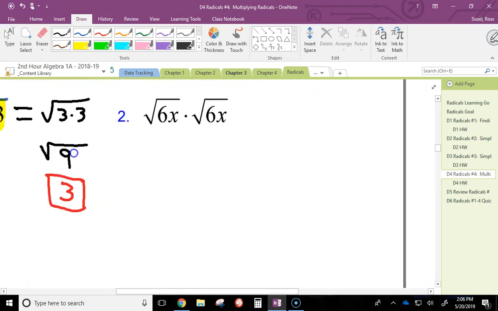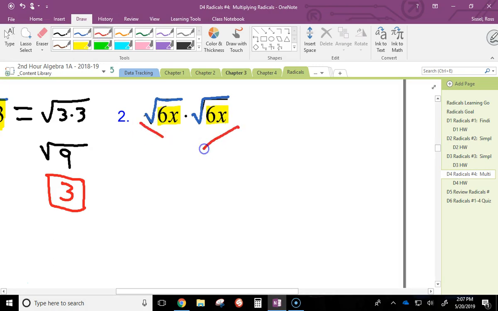So if you look at number 2, the square root of 6x times the square root of 6x. Both of these are the square root of 6x.